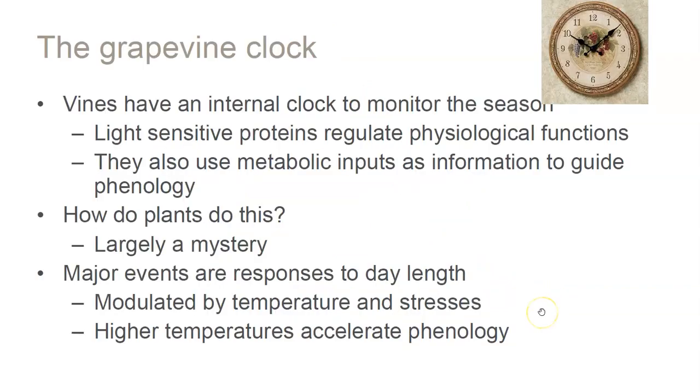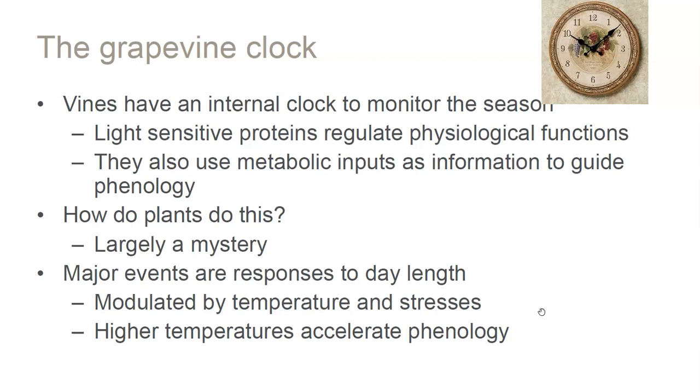Interestingly, vines have kind of an internal clock to monitor the season. There's these proteins that are light sensitive. So it's not that the vine necessarily knows the time of year because of the amount of daylight. It has more to do with the wavelength of light that's being emitted from the sun, right? As we move into the fall, the sun is more in the south.